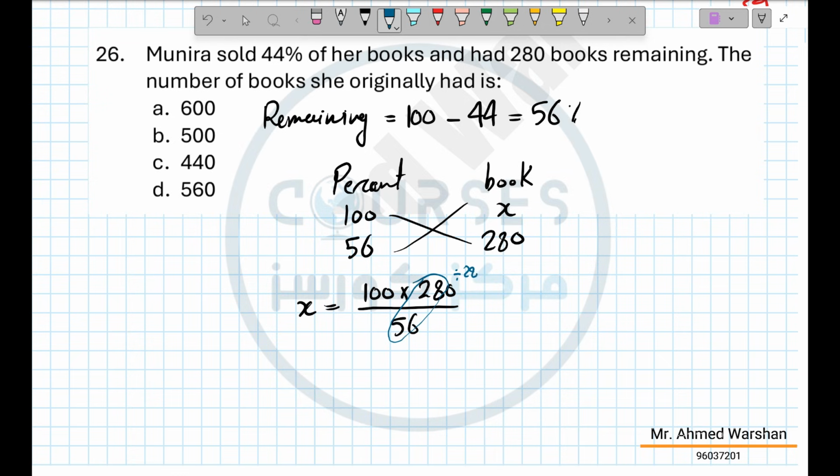If you divide this by 28, it gives you 1. Divide this by 28, it gives you 2. So you are left with 100 times 1, and we had a 0 left, so times 10 over 2. 10 divided by 2 is 5, so 100 times 5, which is 500.